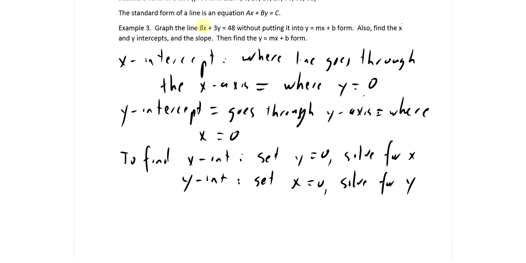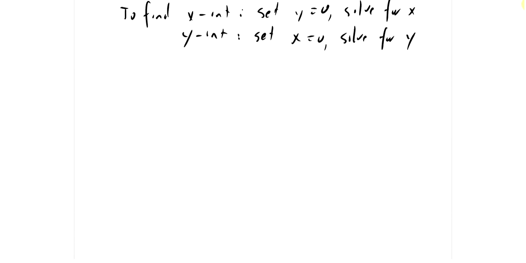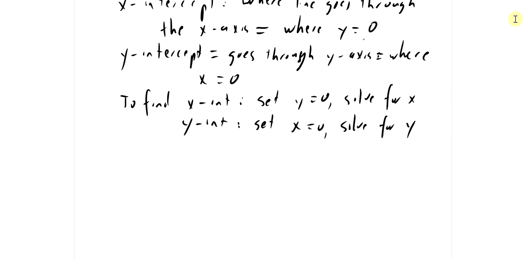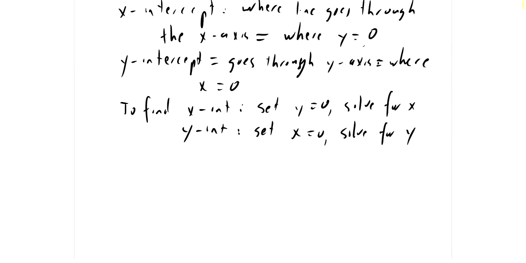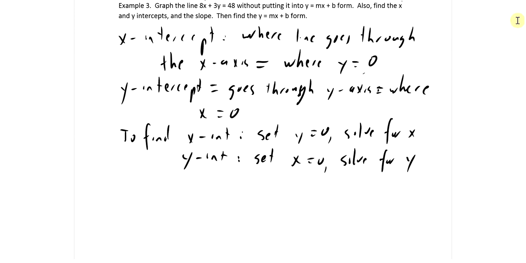Excellent. So we're dealing with the equation 8x plus 3y equals 48. Let's scroll back up. So 8x plus 3y equals 48. To find the x-intercept, you set y equal to 0, and that gives me 8x equals 48.